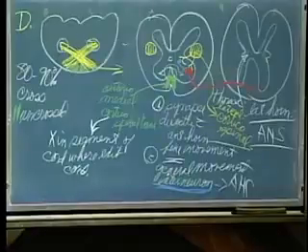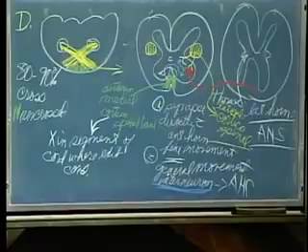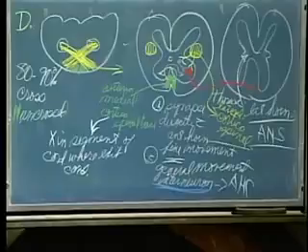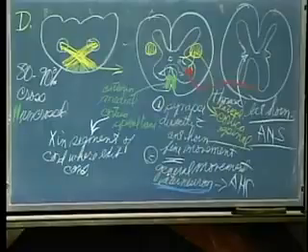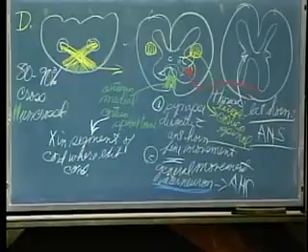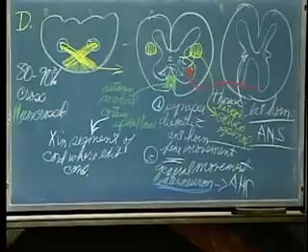All right, now we want to talk about what are known as upper motor neurons and lower motor neurons, because when they're damaged, they bring about completely different symptoms. So our upper motor neuron will be our pyramidal cell.